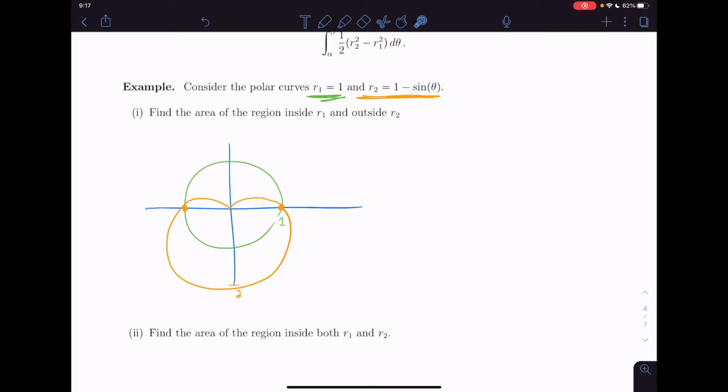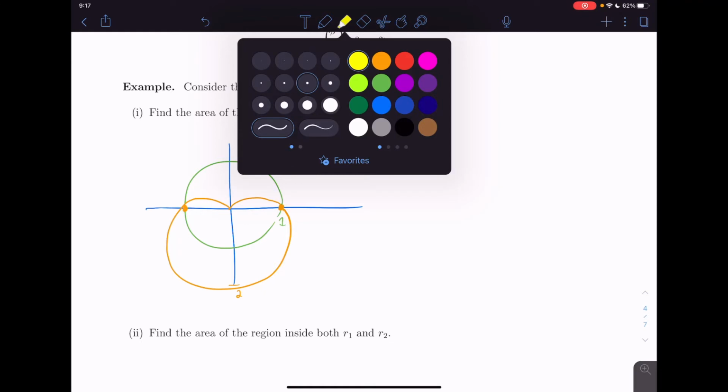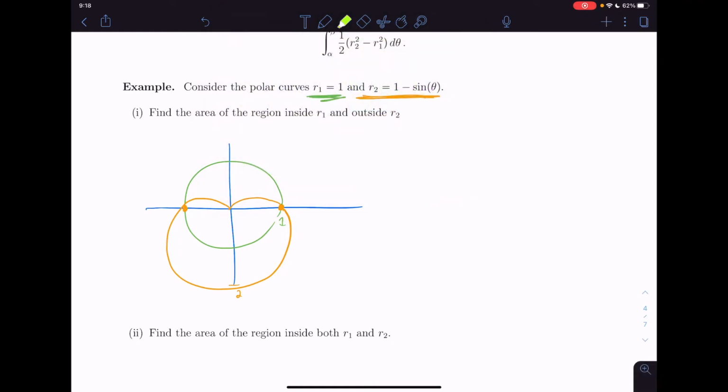So with these colors at our disposal, it's fairly easy to deduce what this is. Inside r1 would be somewhere within this circle. And outside r2 would be somewhere not inside the orange curve, which would be then something all the way around here.